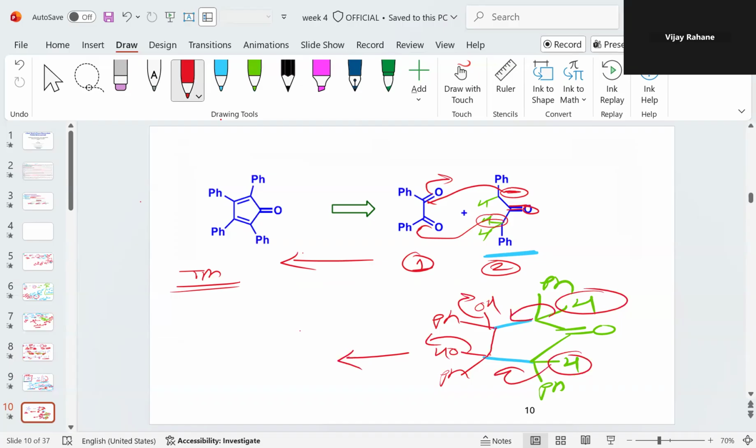And it can potentially give this type of compound, which has the Ph substituent here and the Ph substituent from this side. So this target molecule it can give. Basically the reaction needs the base. In place of base, we can get this type of starting material.